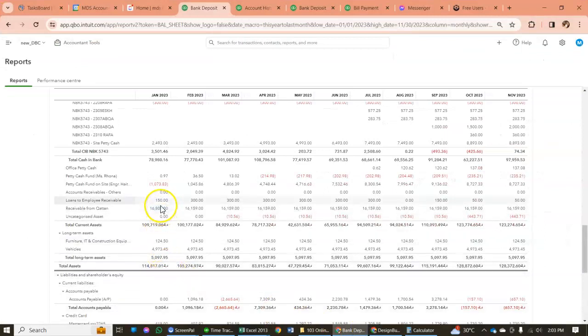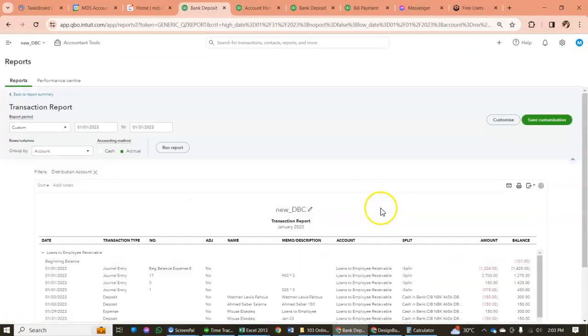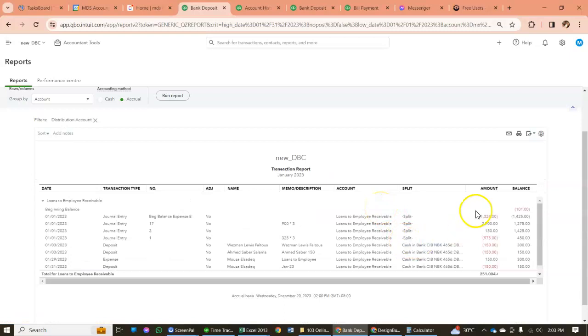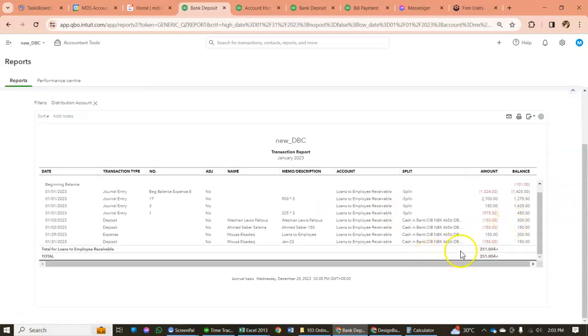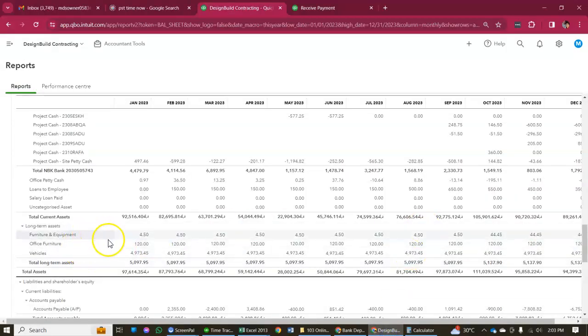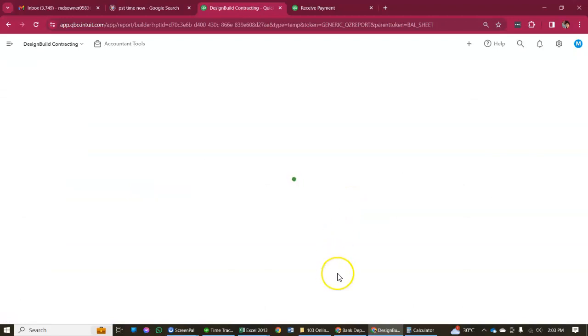So this 150 should be there actually, because this 150 is a result. Oh yeah, there is a new one, 150, and there's a payment. So let's try to look at the difference of this. In here there's none. Take a look at what's inside.